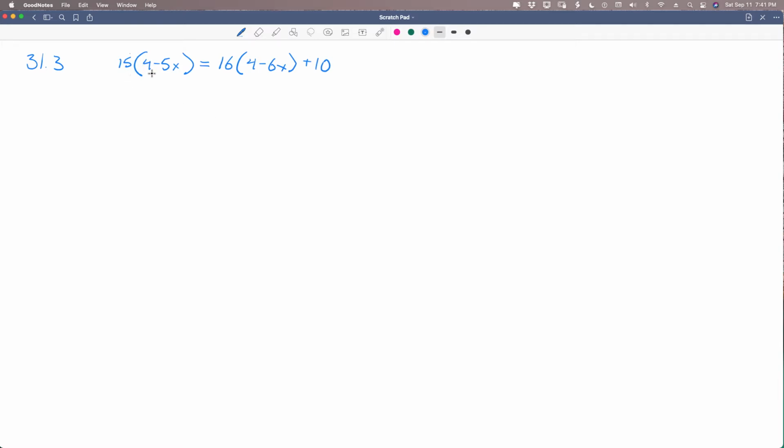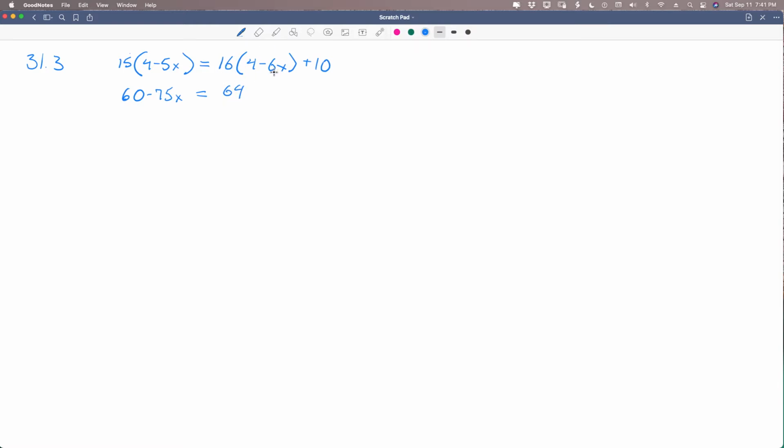So 15 times 4 is 60. 15 times 5 is, it's a negative 5, so it's negative 75x. Bring down our equal sign. 16 times 4 is 64.